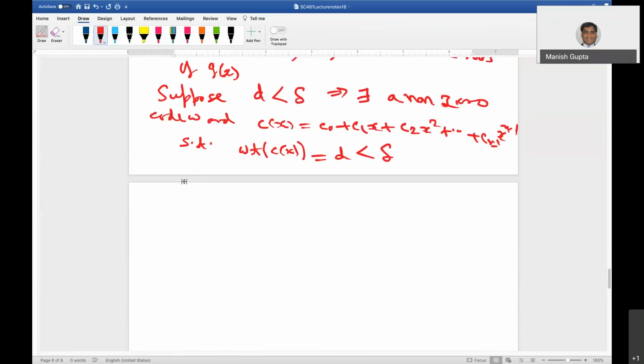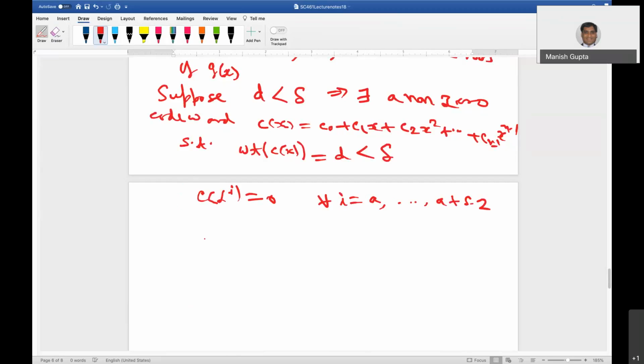Now we know that c of alpha raised to i is 0 for every i equal to a up to a plus delta minus 2.